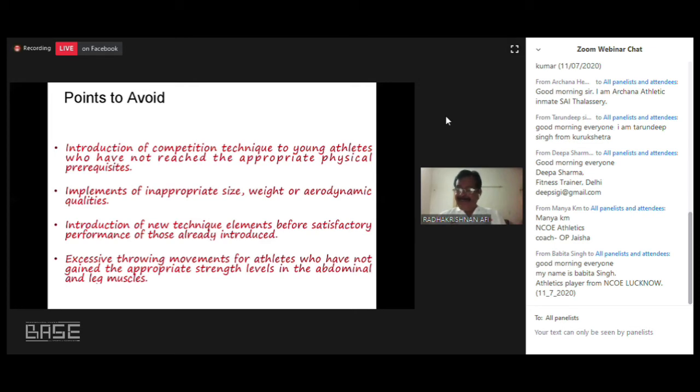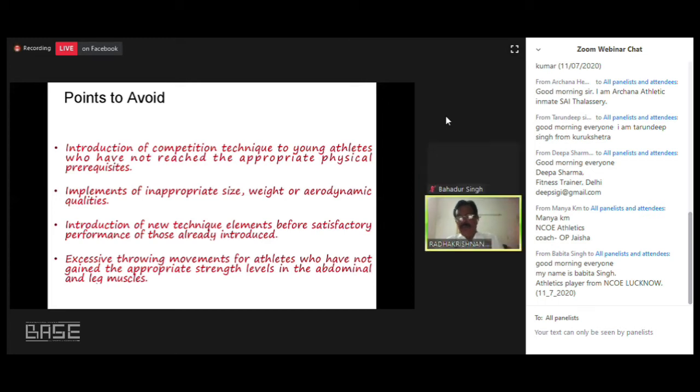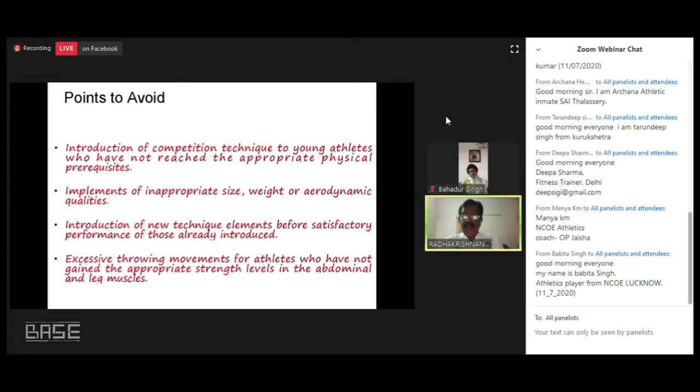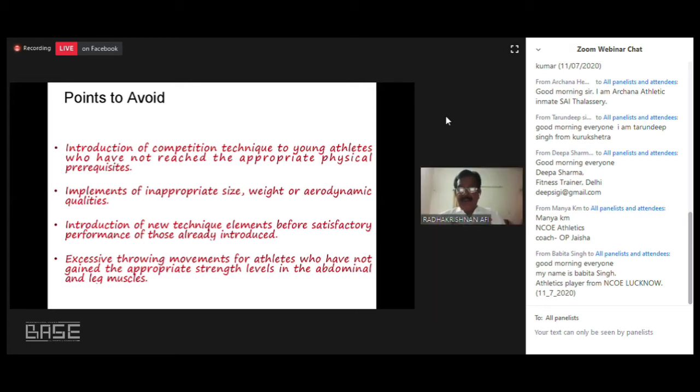If an athlete has not developed proper core strength, when they use the leg muscles, definitely they get either abdominal injuries or back injuries. So you must make sure that excessive throwing movements are not introduced for an athlete until the athlete has gained appropriate strength level in abdomen and leg muscles.